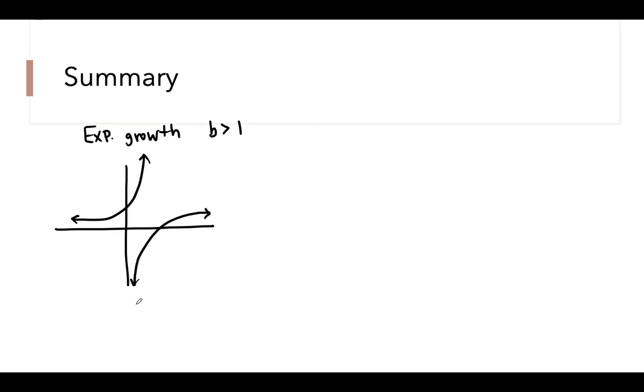Okay, so keep in mind vertical asymptote at x equals 0, horizontal asymptote for y equals 0. Why? Because they're symmetrical through a straight line. And this is the only case if base is greater than 1. So exponential function, it's increasing, and the logarithmic function is also increasing as you read left to right.